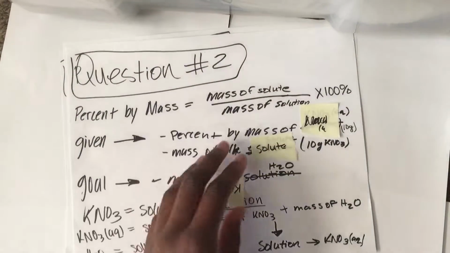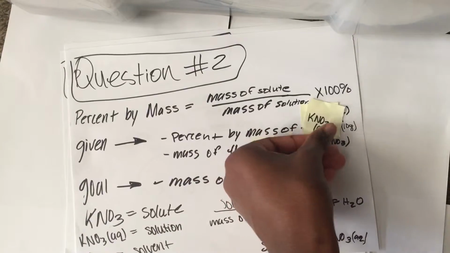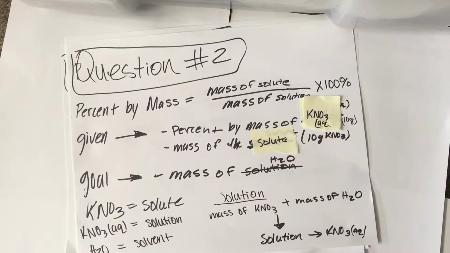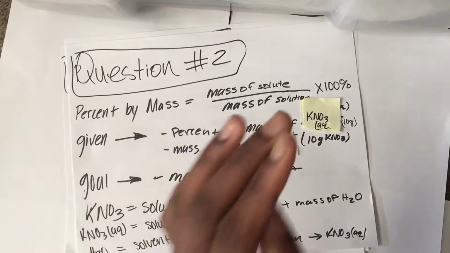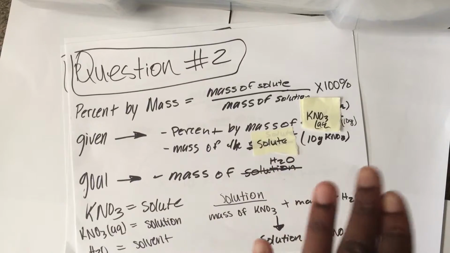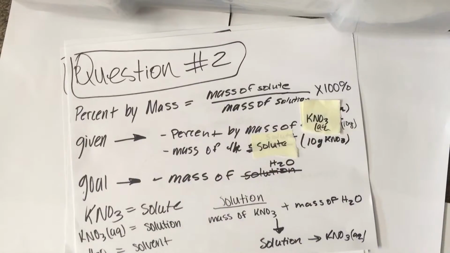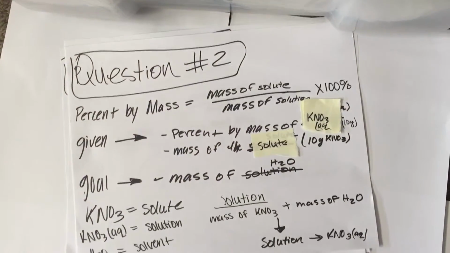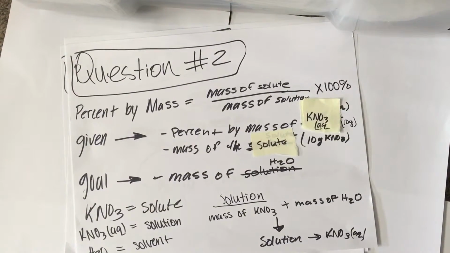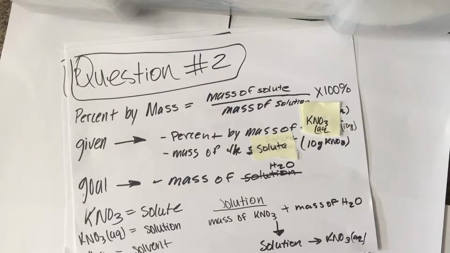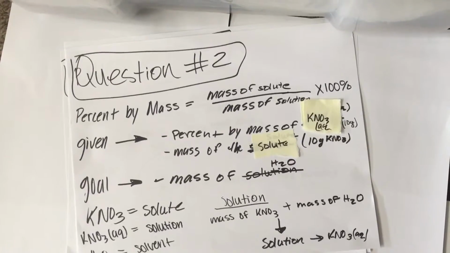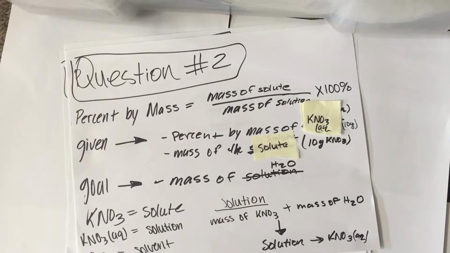So what I did was what I always do: find the givens and the goals. The givens were not like the other question. This one, the given is the mass percent of KNO3 aqueous, and then you have the mass of the solute, which is 10 grams of KNO3.